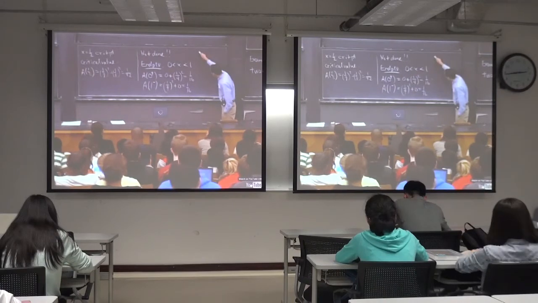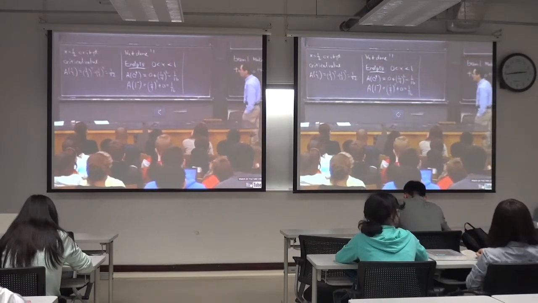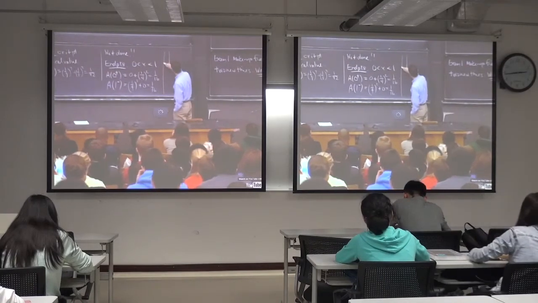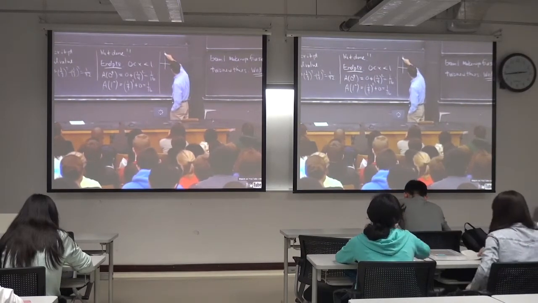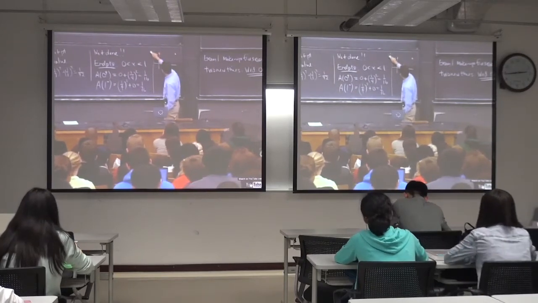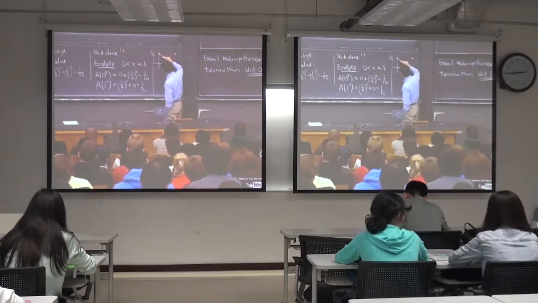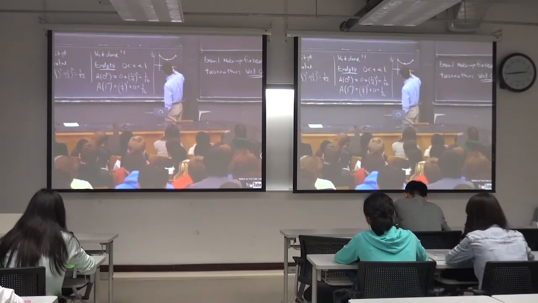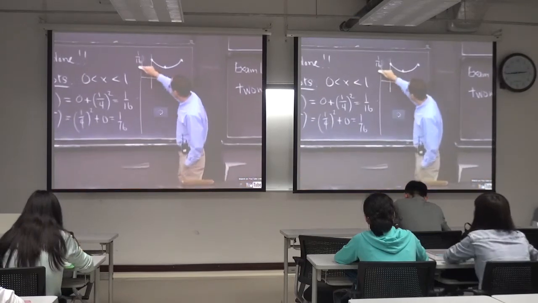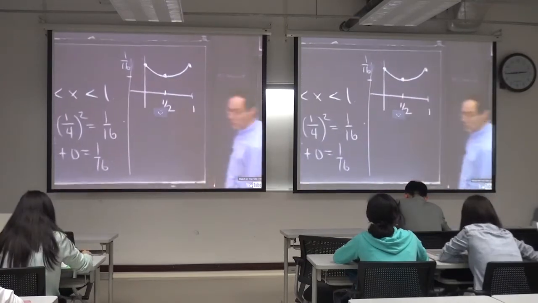So what you see is that the schematic picture of this function, and this isn't even so far off from being the right picture here, is that its level here is 1/16, and then it dips down and goes up. Right? This is a half, this is 1, and this level here is 1 over 32.